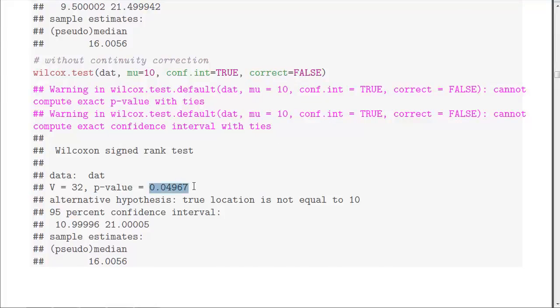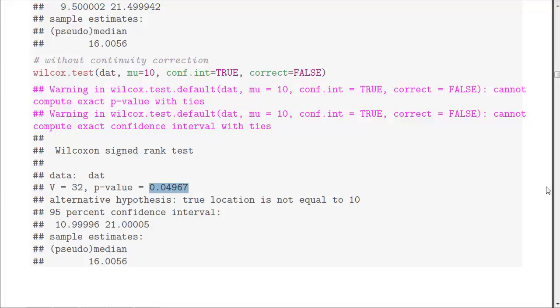But maybe think about this. This p-value is 0.04967. That's basically 0.05, right? And so at the end of the day, if I'm really using 0.05 as my decision point, this is so close to 0.05 it feels like I don't have a definitive answer.